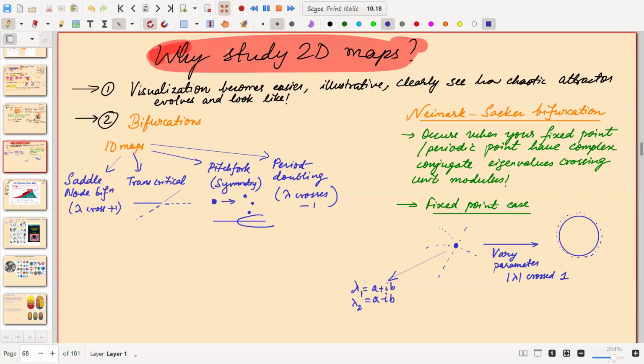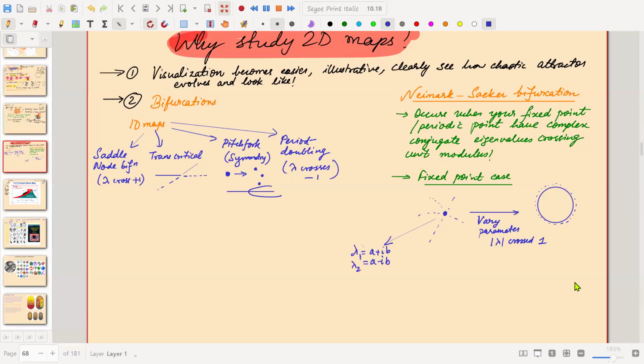Now I will ask you the question: why do you think we have not seen this in 1D maps? Very basic question. Exactly. In 1D maps, you have one eigenvalue. In 2D maps, you have two eigenvalues, right?